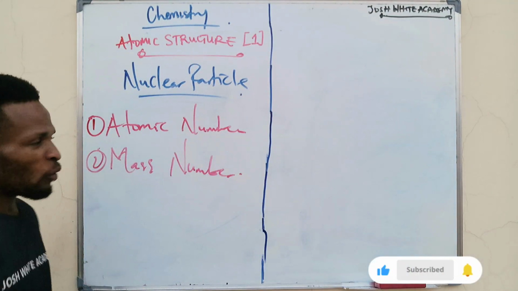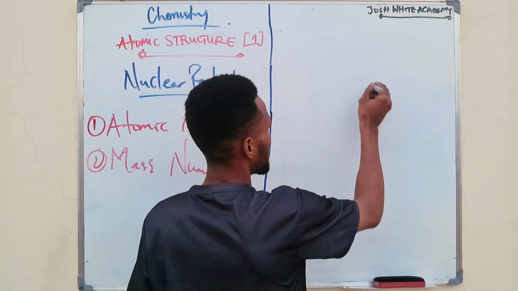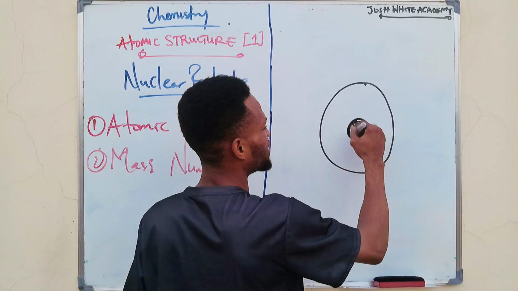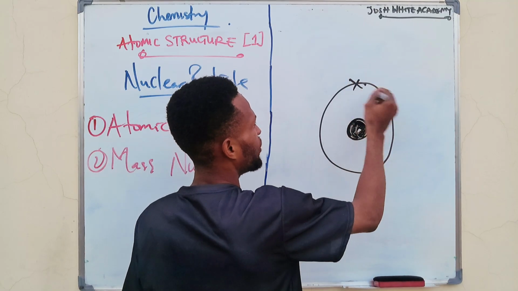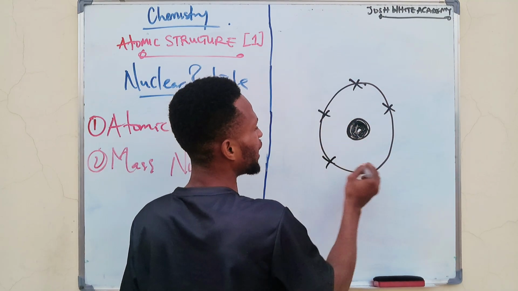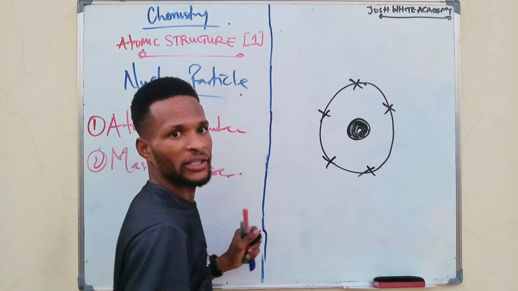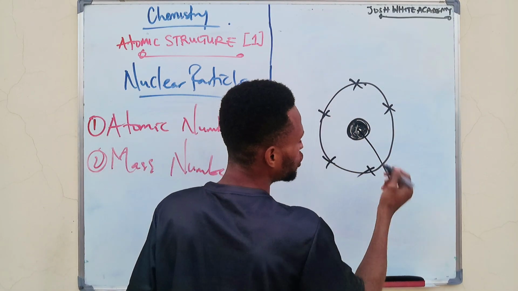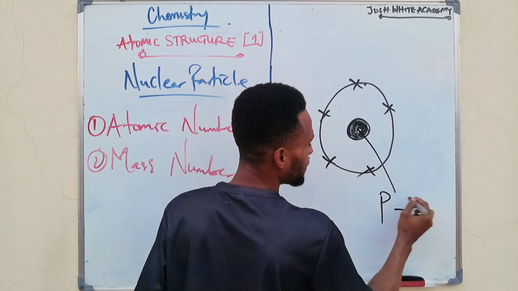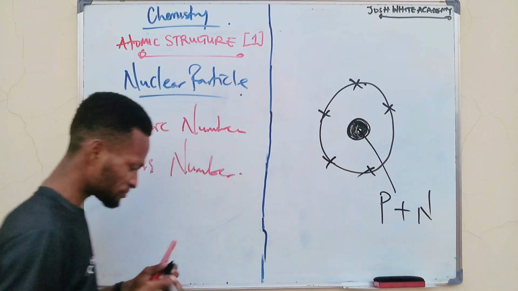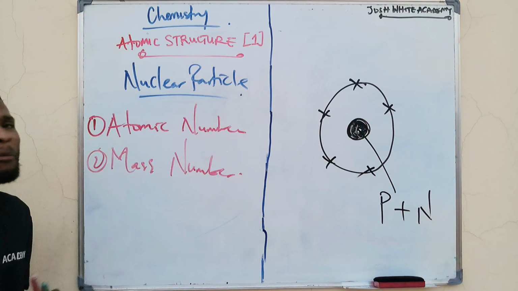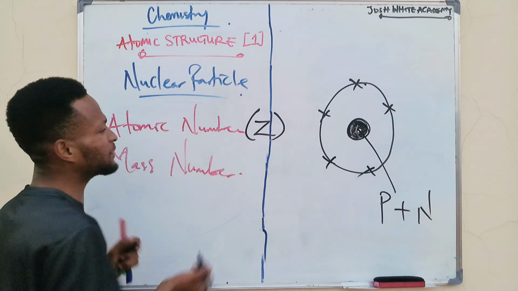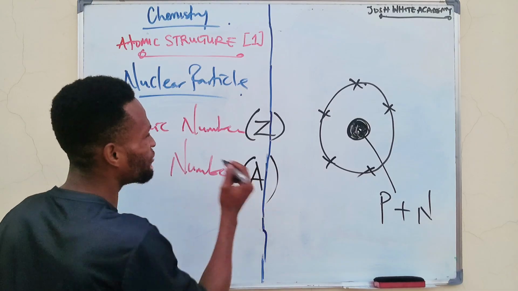Now remember, when we drew an atom, it has a centrally placed dense nucleus with the electron revolving around on the shell, and the nucleus contains the proton and neutron. Now, atomic number has the symbol Z, whereas mass number has the symbol A.